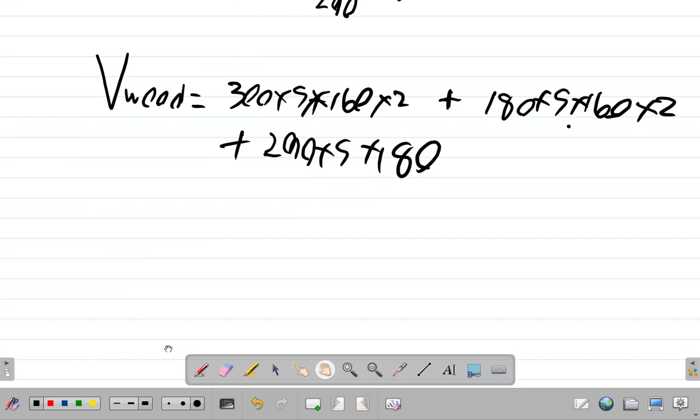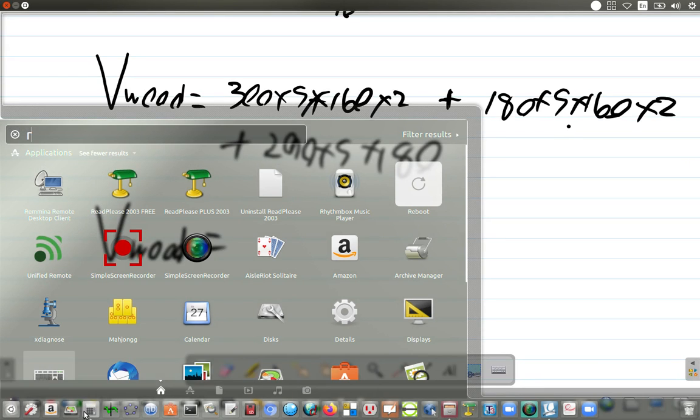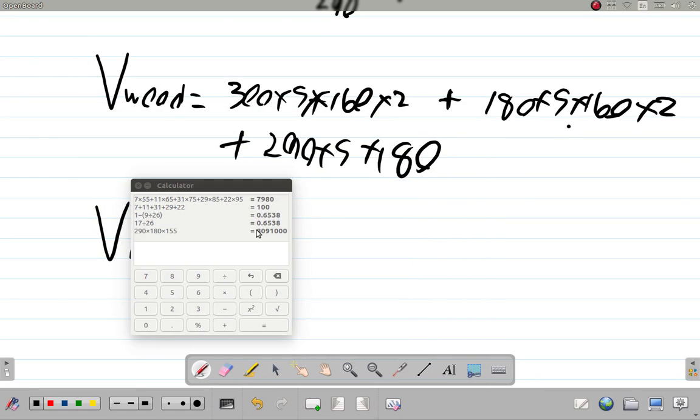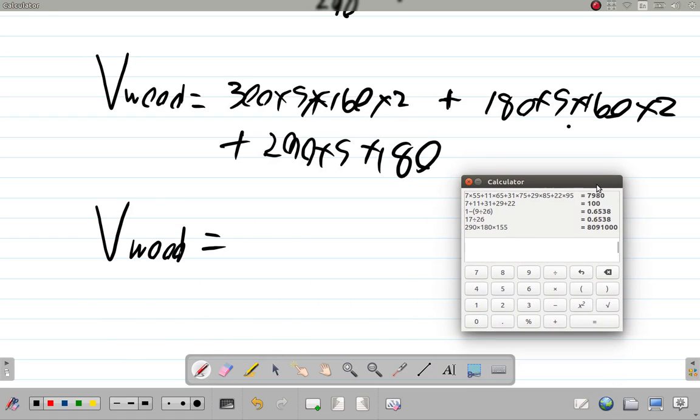Alright, so we want to see the volume of wood, what that would come to. And we can go through the calculator now. So you have 300 by 5 by 160 by 2, equal that. Let me use brackets.